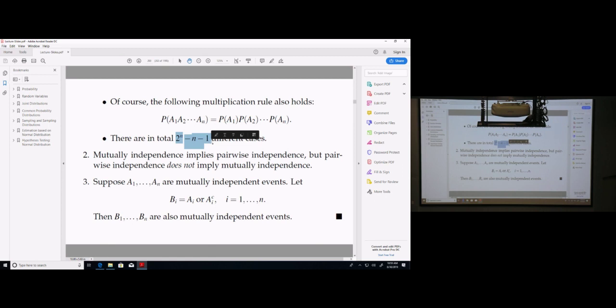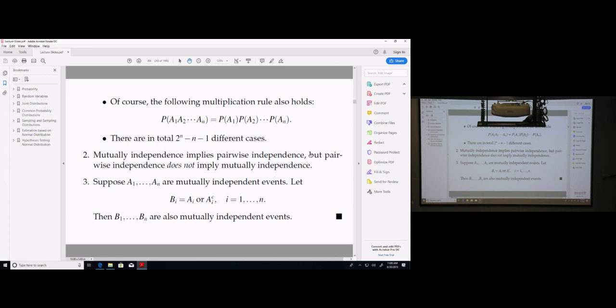So again, this is a very, very specific, very narrow kind of definition, okay? Mutual independence implies pairwise independence, because for pairwise independence you have to check 2 at a time. So in the process of checking, you have already done 2 at a time.